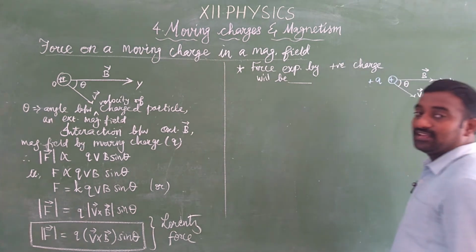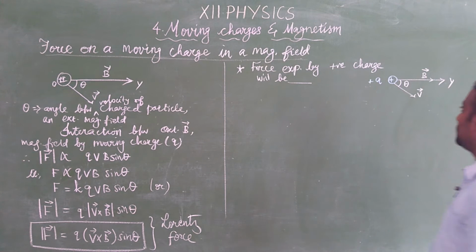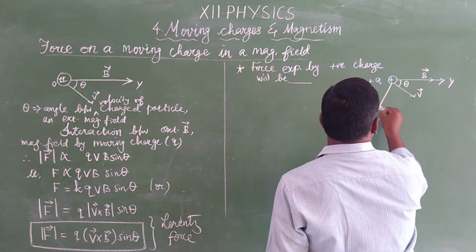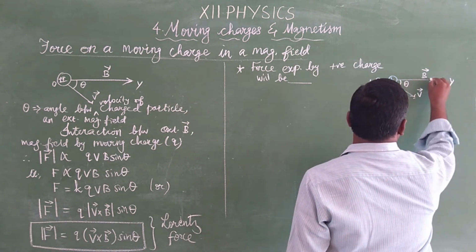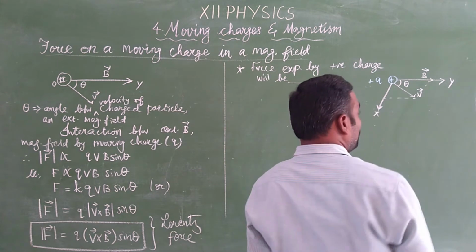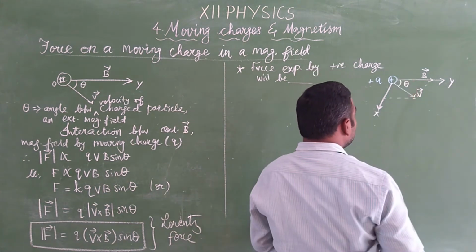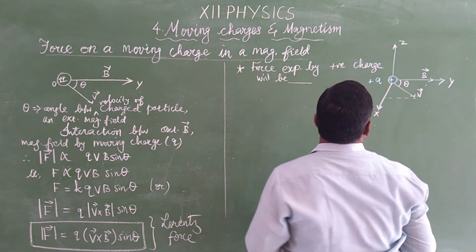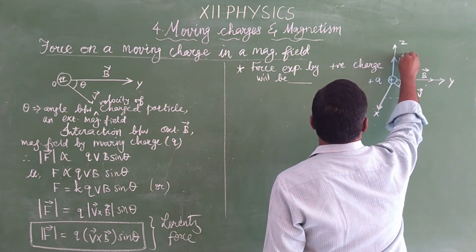So theta is the angle between the external magnetic field and the velocity of the charged particle. And this is the X plane. Using the parallelogram law for the velocity, we can get this. Then this positive charge experiences the force in the upward direction.